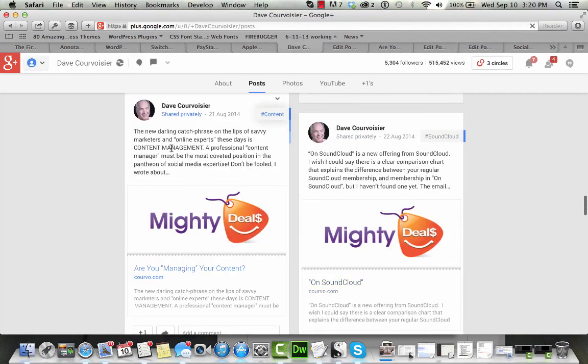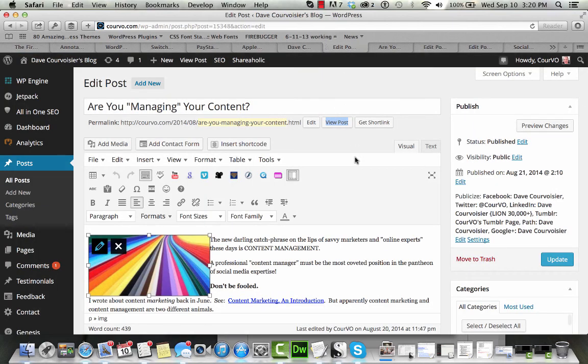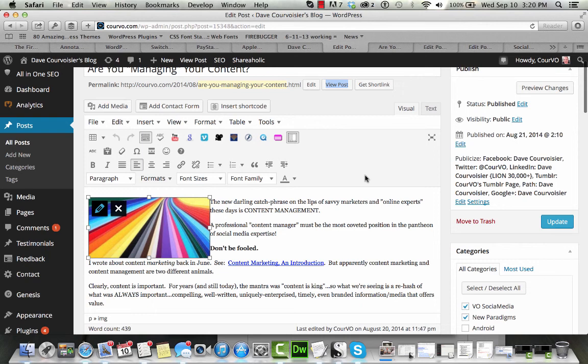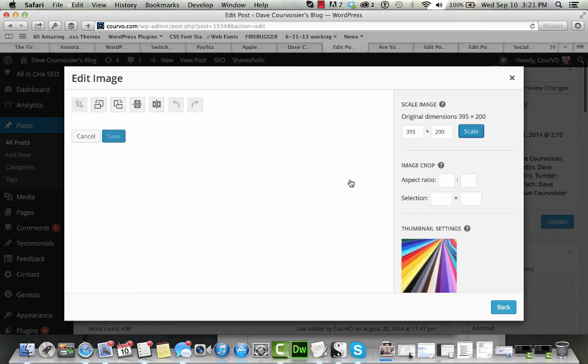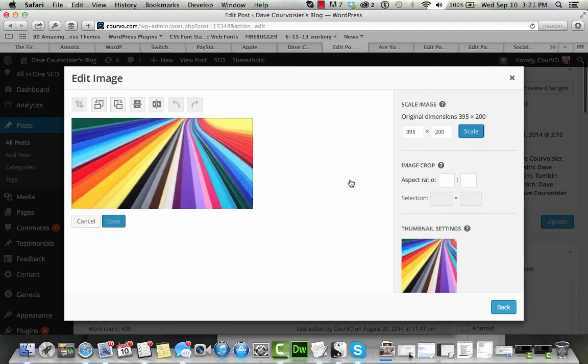So one of the articles was, "Are you managing your content?" And I pulled that article up, and I wanted to take a look at what was going on. Now, this is on a WordPress site, and if I go in and look at the dimensions of the image that are displayed on the article, I can see that they are 264 by 133. And this could be important, if I look at the original image. Now, the original image would be the image that Dave uploaded into his site.